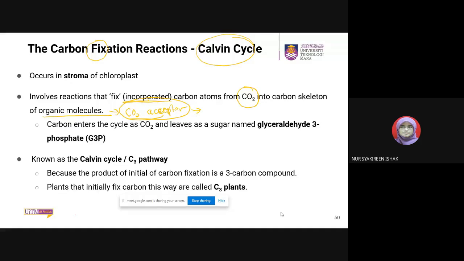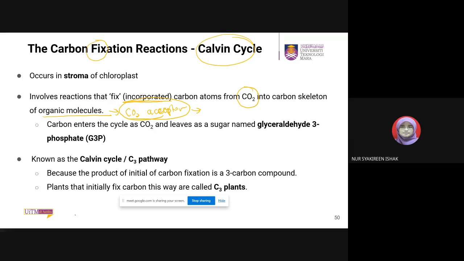So Calvin cycle will require light energy indirectly. It means that Calvin cycle has to occur during daylight also, walaupun nama dia dark reaction. Dark reaction sebab Calvin cycle tak memerlukan light energy secara directly.